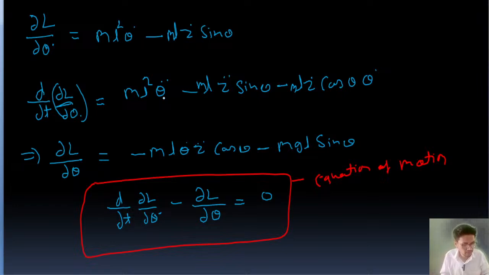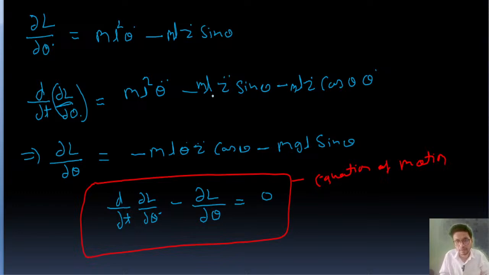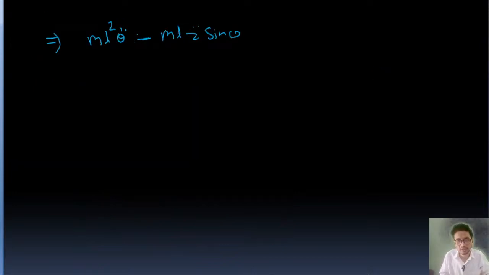m l square theta double dot, minus m l z double dot sin theta, minus m l z dot cos theta theta dot, right?